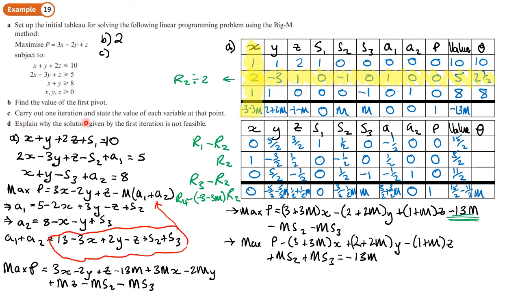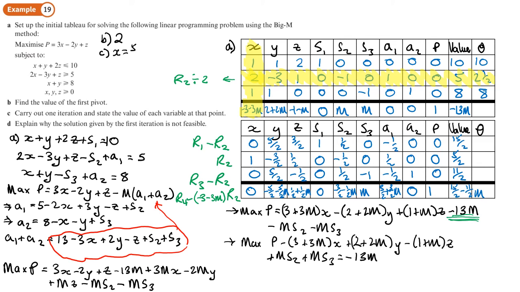Part C, carry out one iteration to state the value of each variable at the point. We've carried out the first iteration here, so we can now state the value of each of the variables. Reading off from the table, only 3 of the variables have a non-zero value. That's x, s1, and a2. Everything else is 0. So x is 5 over 2.